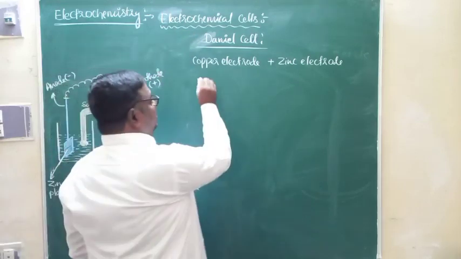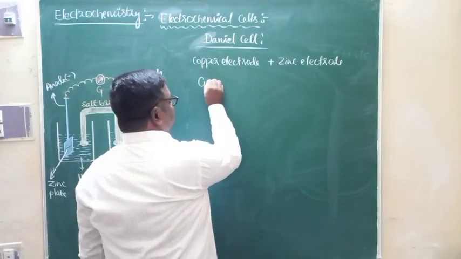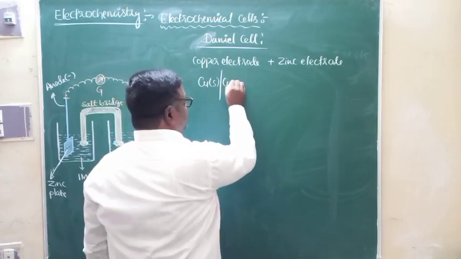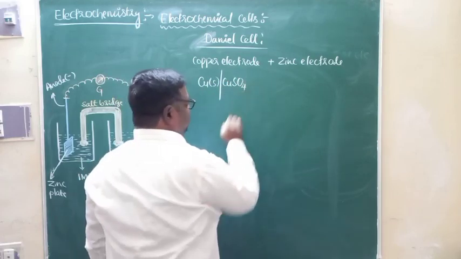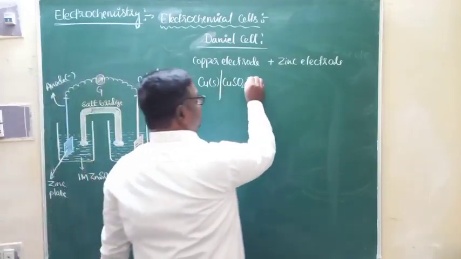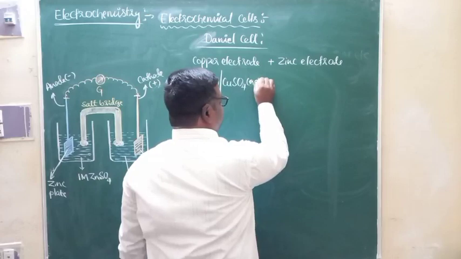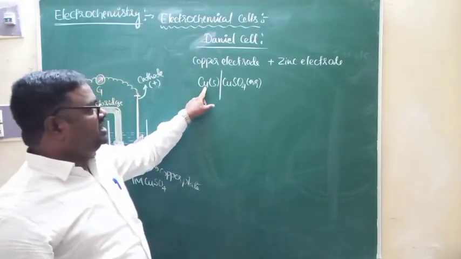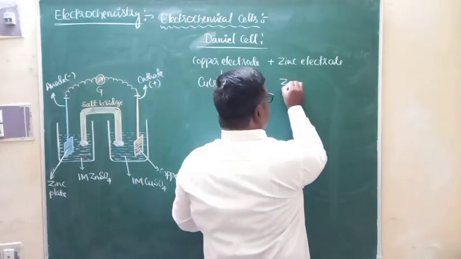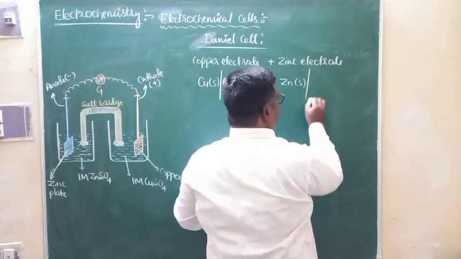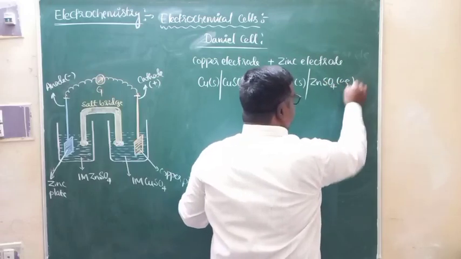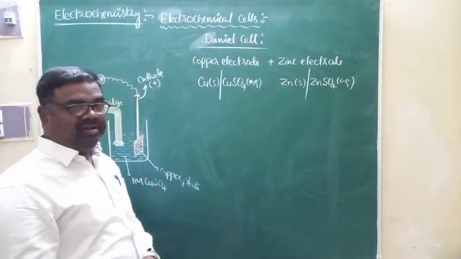The copper electrode is a system where copper metal is placed in copper sulfate solution, the aqueous solution of copper sulfate. Like that, when zinc metal is placed in zinc sulfate solution, you get the zinc electrode.